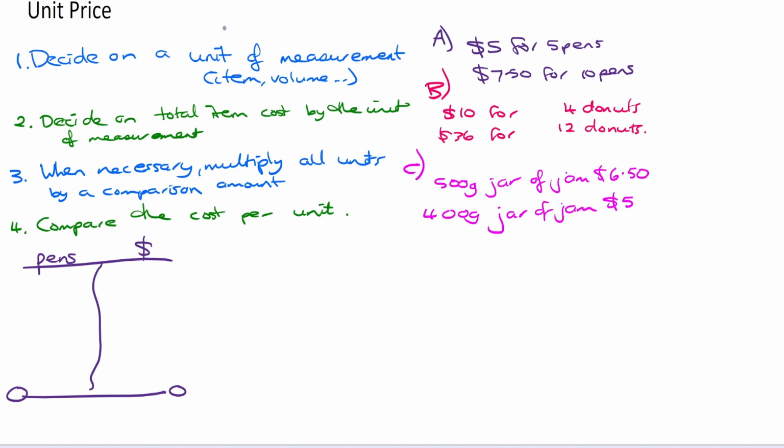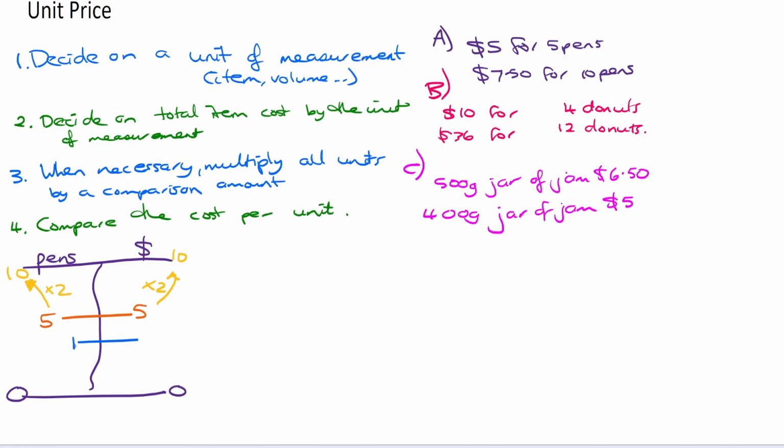What I know is that I can get 5 pens for $5, and I'm looking to compare that to $7.50 for 10 pens. 10 pens is a scaling of 5, a double, so I'm scaling by a factor of 2, and that would tell me how this side would scale as well. So that would also be $10. That's one way I could do it.